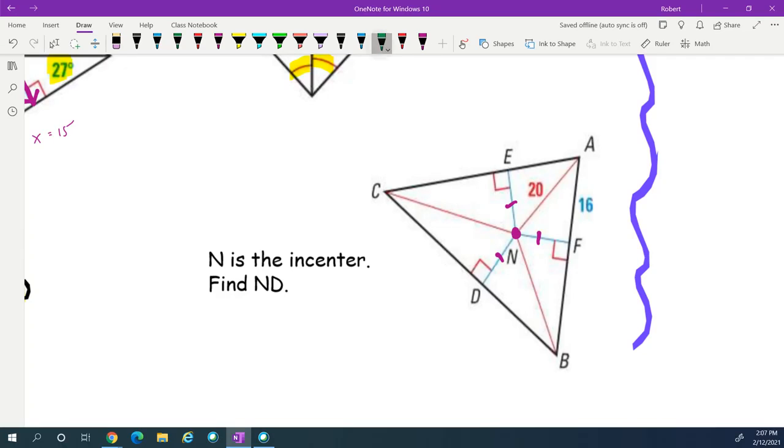So we were asked to find ND. Well, my suggestion is, since we have a little right triangle here, ND is congruent to NF. So let's find NF. We have a right triangle and we know two of the sides.